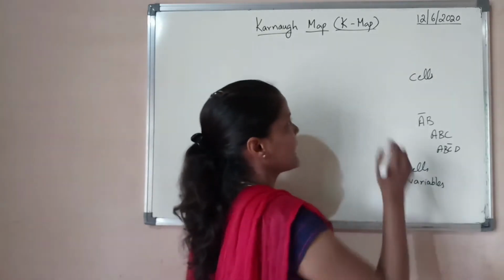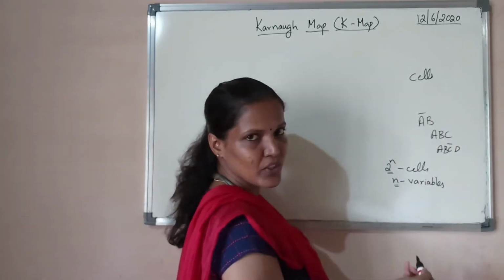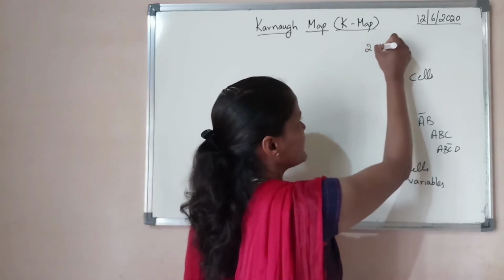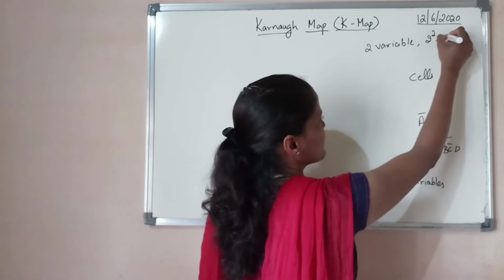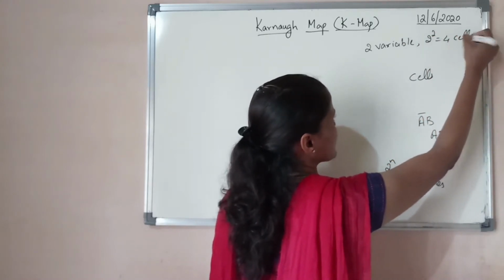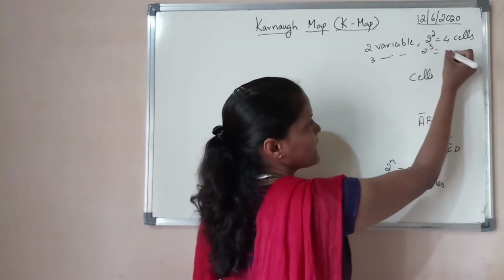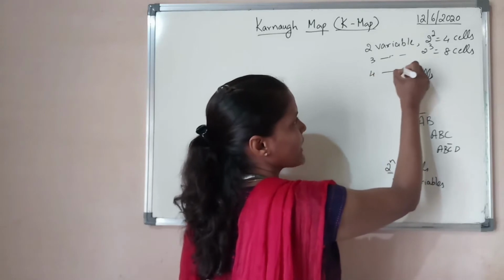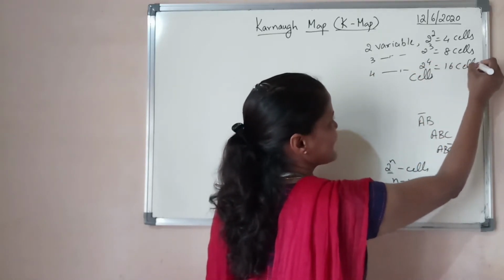From this, I can easily count the number of cells required for different numbers of variables. If I am having two variables, then the number of cells will be 2 to the power of 2, which is equal to 4 cells. For three variables, 2 to the power of 3, which is equal to 8 cells. Are you getting it? For 4 variables, 2 to the power of 4, which is equal to 16 cells.